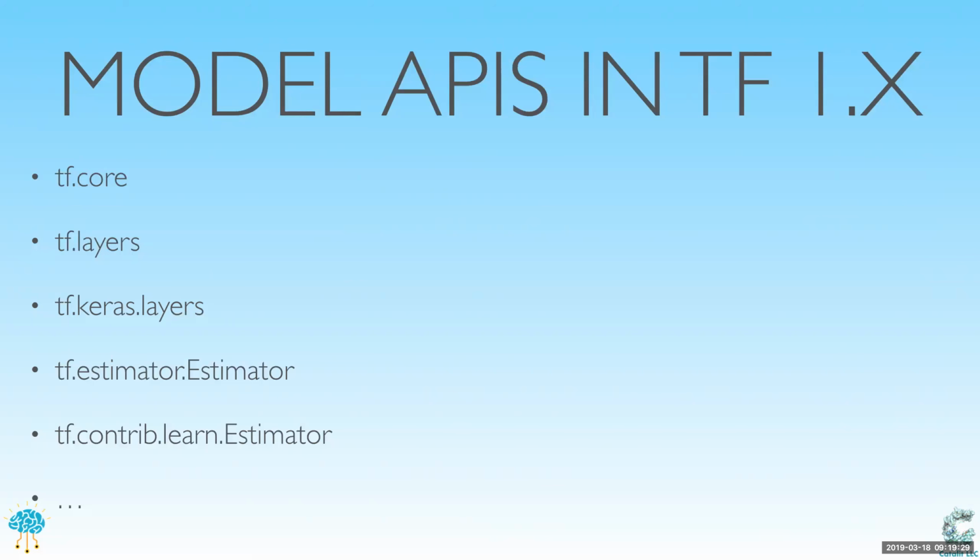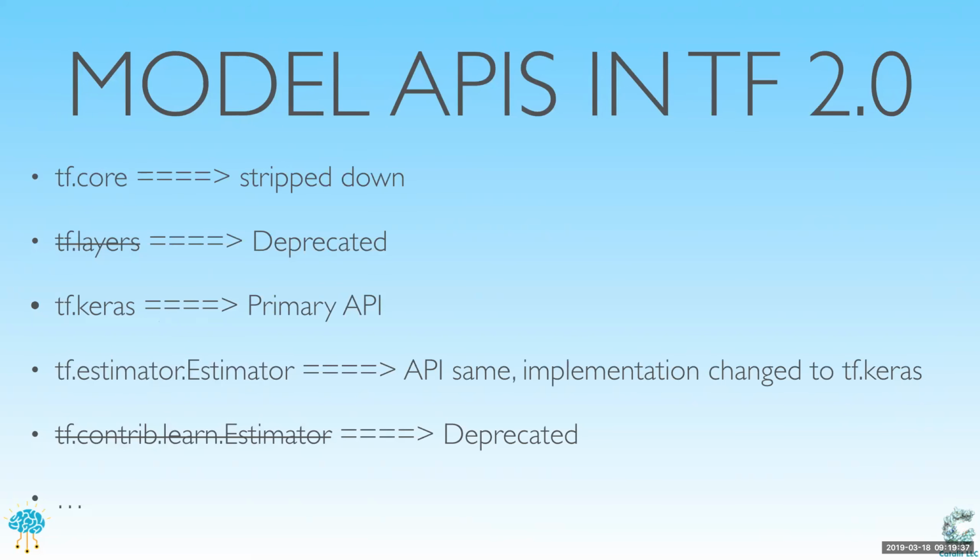So a lot of different ways, a lot of disorder, a lot of organic growth, and this has been rationalized and stripped down. So what happens in TensorFlow 2? The core API is stripped down and simplified. Some ops go away, some functions go away, and a subset of the functionality is maintained. The old API is still available in the Compat v1 module.